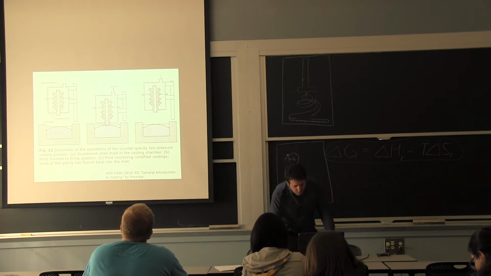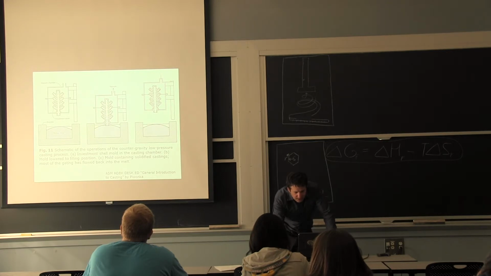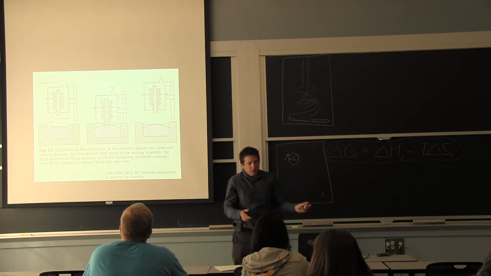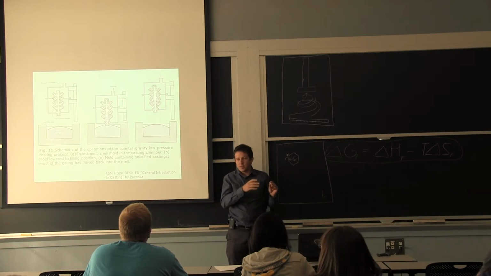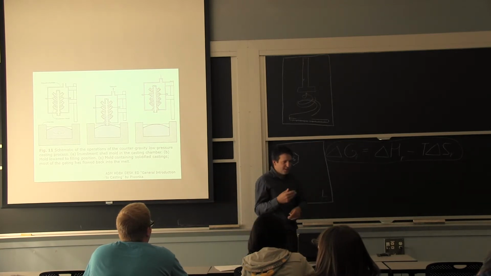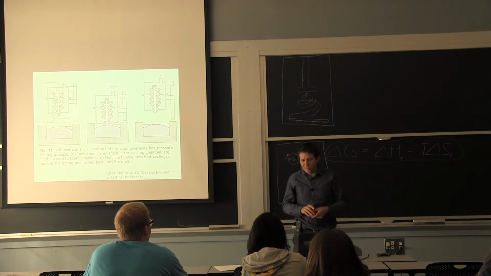So this is an example here of just a general casting process where you have your molten metal from underneath and you're feeding it up. The advantage of this is you're in a more controlled condition. And I don't want to show it necessarily in chronological order of complexity.